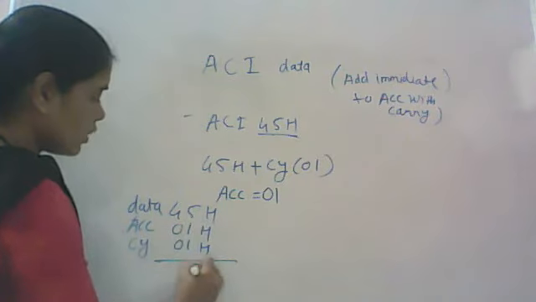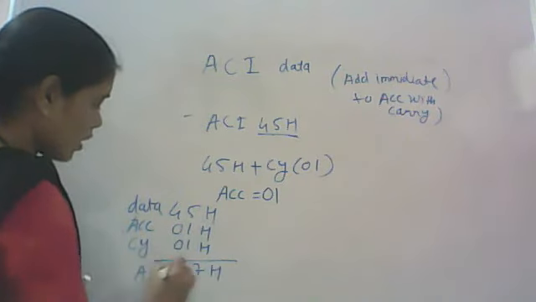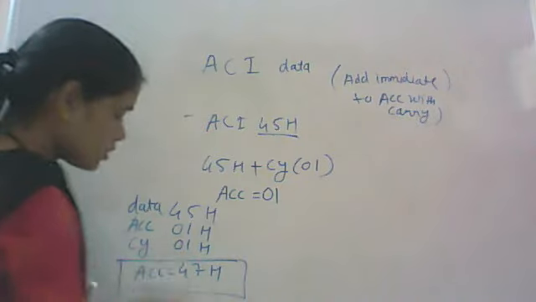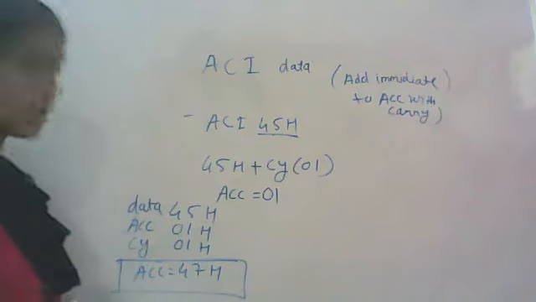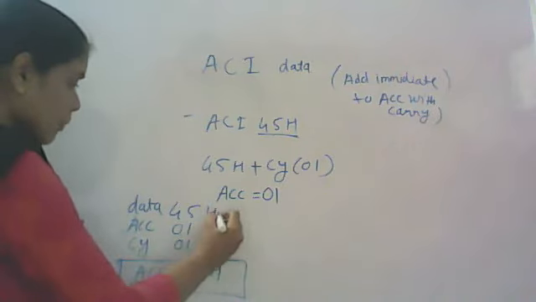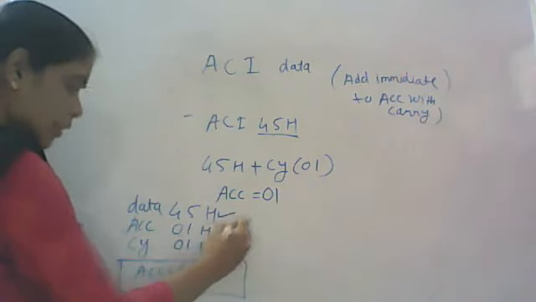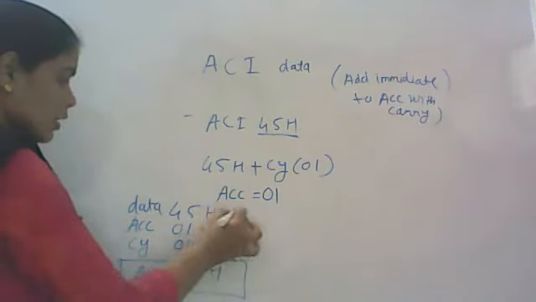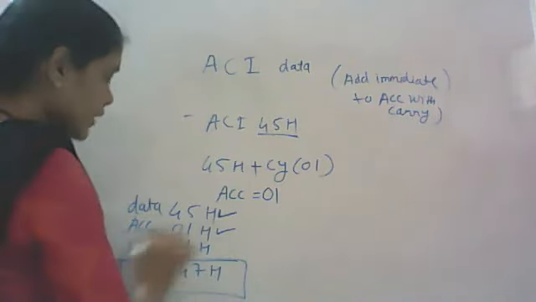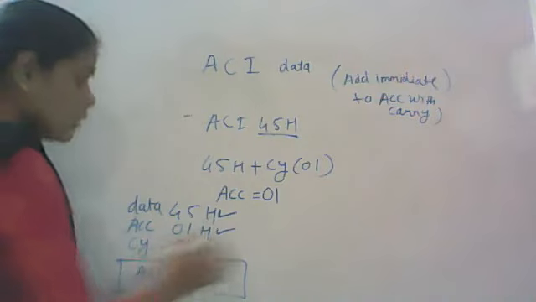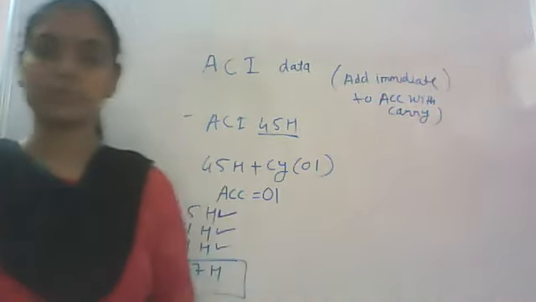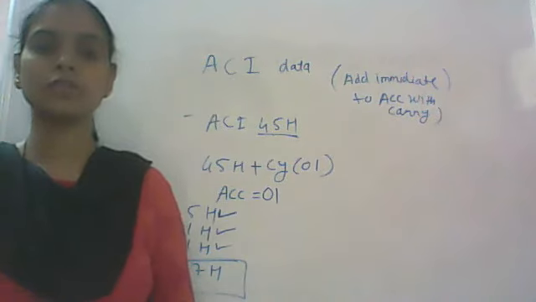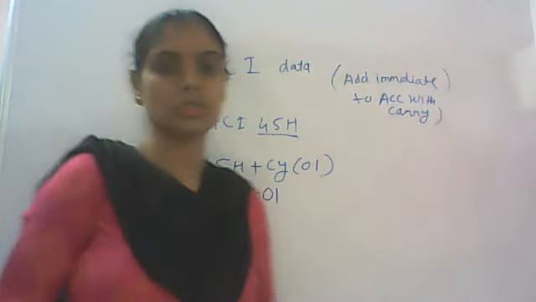So the result is 47 hex, stored in accumulator. This 47 hex result is stored in accumulator in this instruction. Data added to the content of accumulator with carry. Okay, got it?